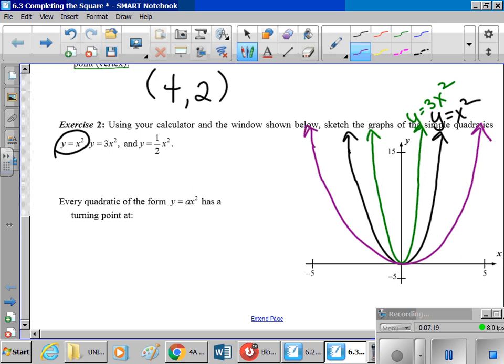That's all I wanted to make a point here. So this one is y equals 1/2 x squared. All right, so every quadratic of the form y equals ax squared has a turning point 0, 0. Okay, so pause that if you need to, and meet me at exercise 3.